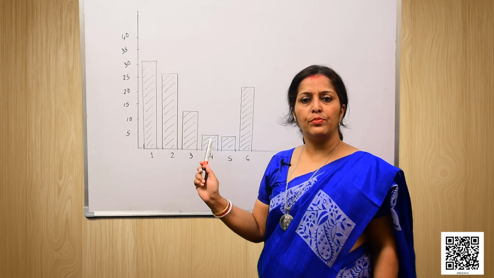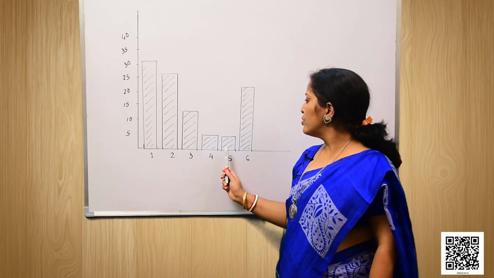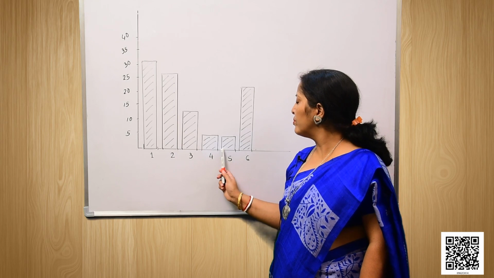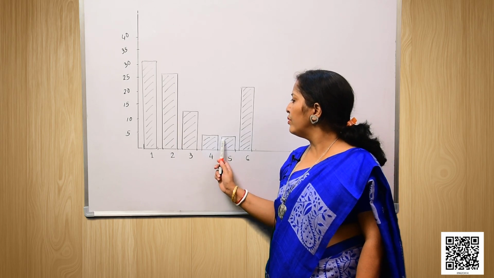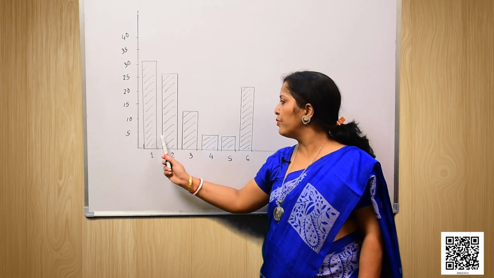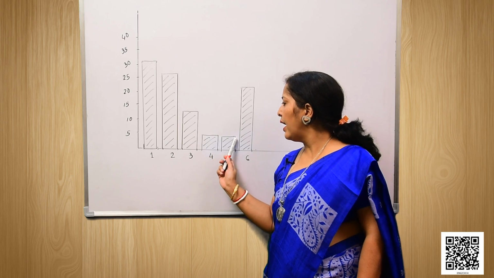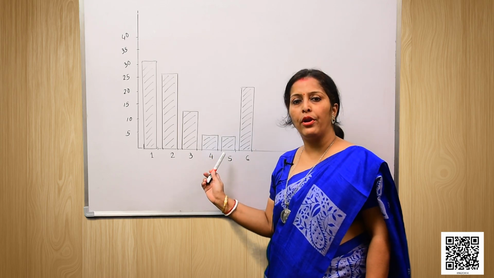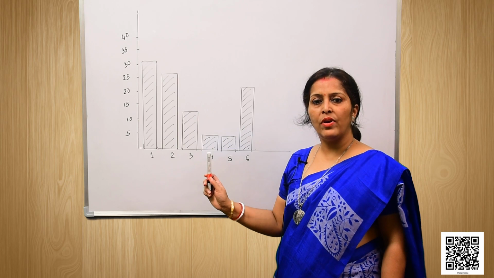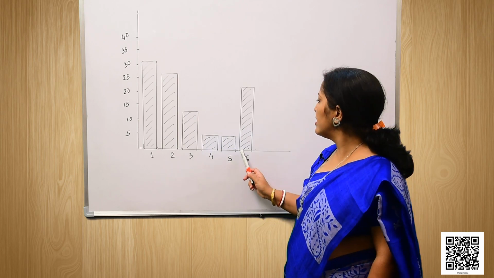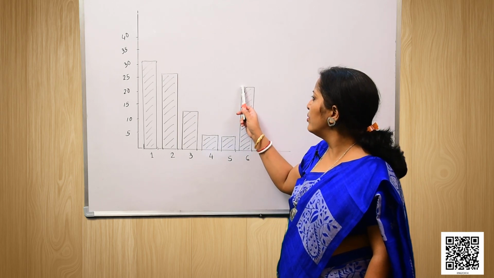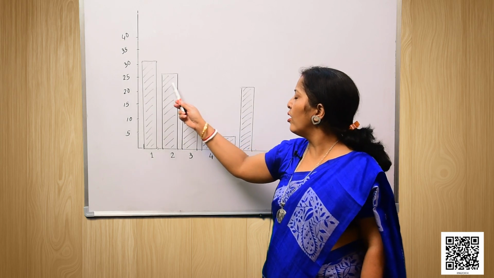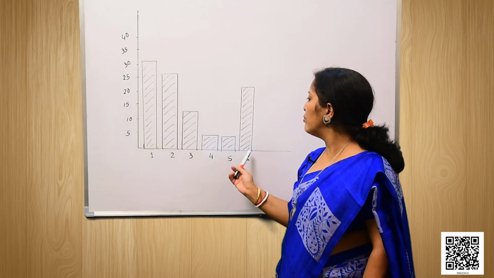Number 5 is respiratory conditions, and the percentage is 4.1. So on top of the number 5, the point will move up to the point 4.1 along the vertical line and then will come down at the end point of 5. And the last one is other causes, and the percentage was 22.0. So the point is 22 along the vertical line and we came down.